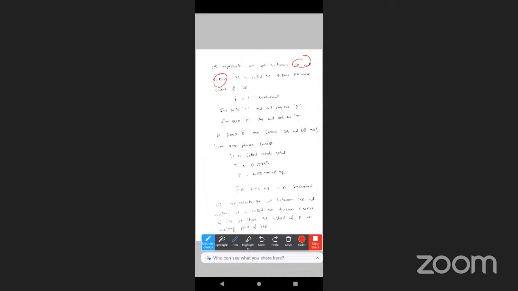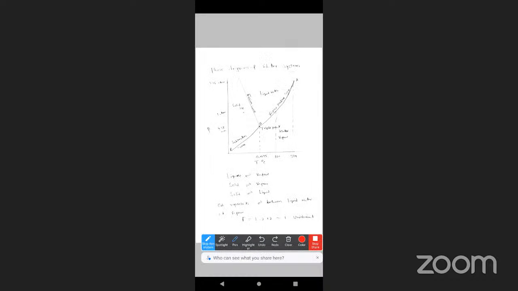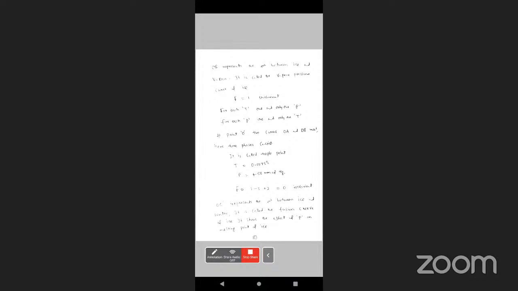It is called the vapor pressure curve of ice. Here also F equal to 1, which means the number of degrees of freedom is 1. It is a univariant system.